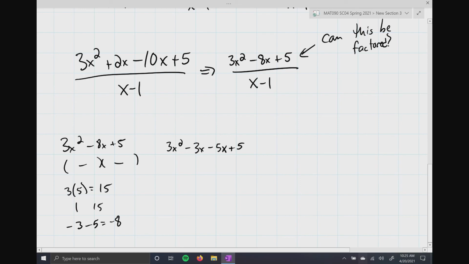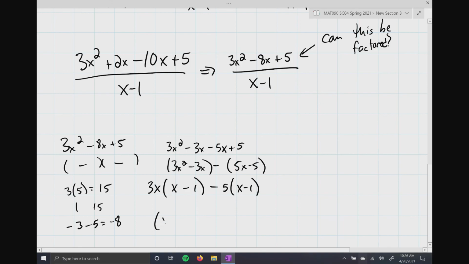Now I factor by grouping. Be very careful. That middle symbol is a minus, so the second grouping has to change. I could factor out a 3x out of the first group and a 5 out of the second group. I'm feeling really confident because my binomials match to give me x minus 1 times 3x minus 5.